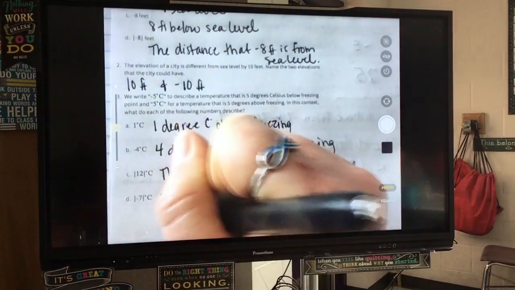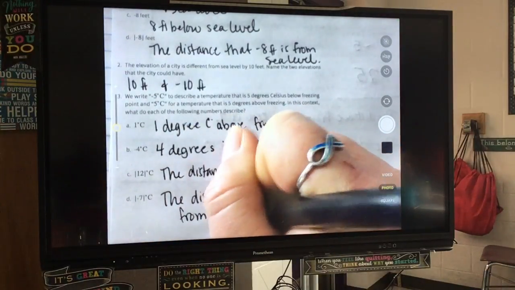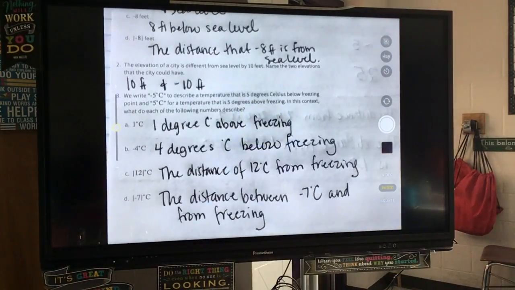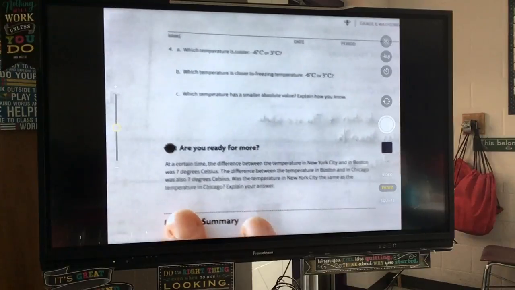Yes. Okay. Are we somewhat understanding it in context now, rather than just here's a number, here's the values? Okay, slide over to number 4, this is the last part.